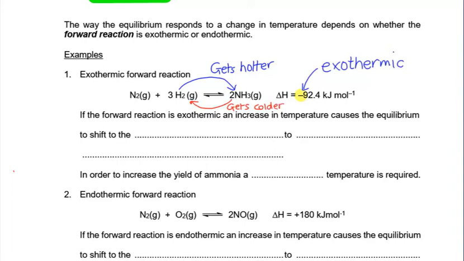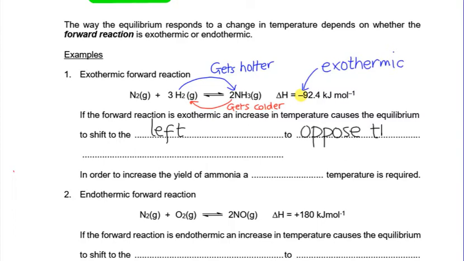So if it's forward exo, then in the reverse reaction it's plus 92.4, it's endo. So if the forward reaction is exothermic, according to Le Chatelier's principle, I heat it up, it's going to try to cool down. So it's going to go in the direction that allows it to cool down. So it's going to shift to the left to oppose the change.